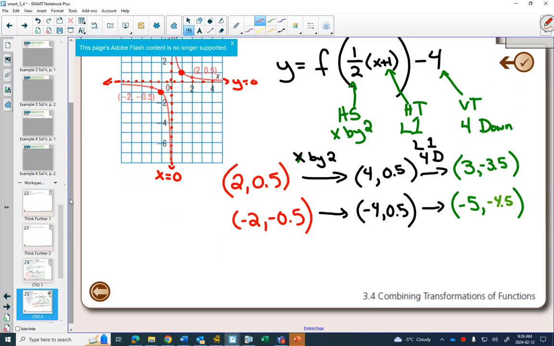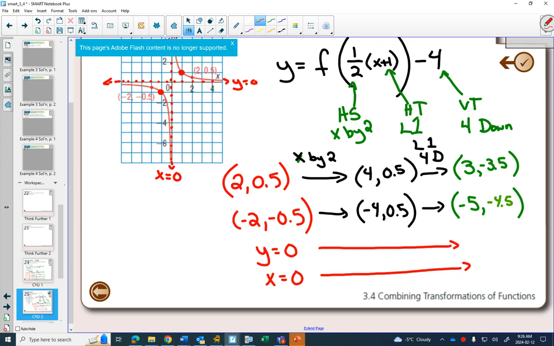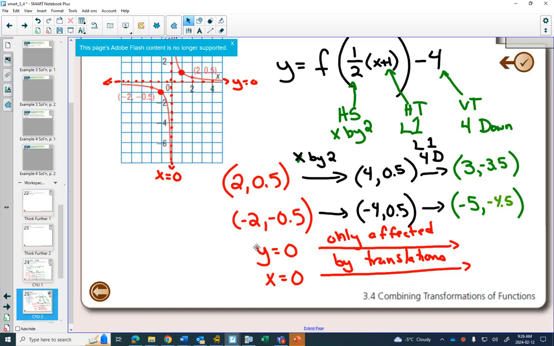The other thing that we want to find out is what's going to happen to our two asymptotes. Let me get a little note there that our asymptotes are only going to be affected by translations because they started at 0.